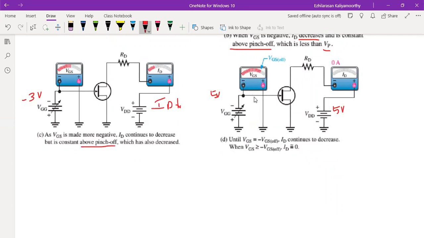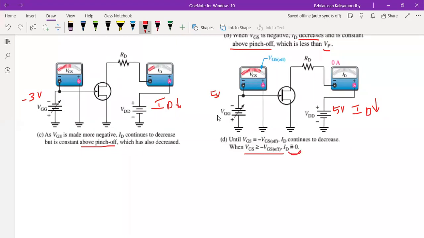Now we can see in the next diagram, until VGS is equal to minus VGS off, meaning your VGS is equal to minus 5 volt, right? So ID continues to decrease, meaning your drain current continuously decreases, and when VGS is less than or equal to minus VGS off, the ID will be equal to 0.